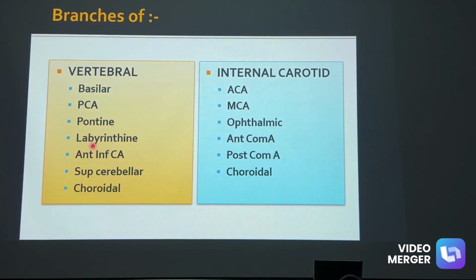Pontine, labyrinthine, anterior inferior cerebellar artery, superior cerebellar and choroidal arteries. Internal carotid artery: anterior cerebral, middle cerebral, ophthalmic, and choroidal. And as we mentioned, the posterior communicating artery originates from the internal carotid, and the anterior communicating artery from the first part of the anterior cerebral artery.